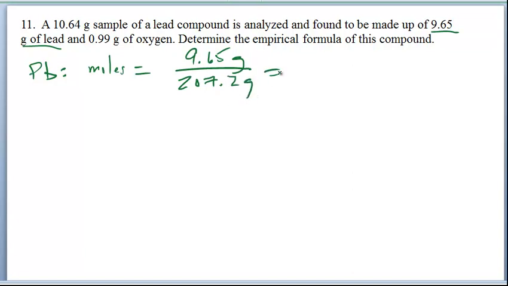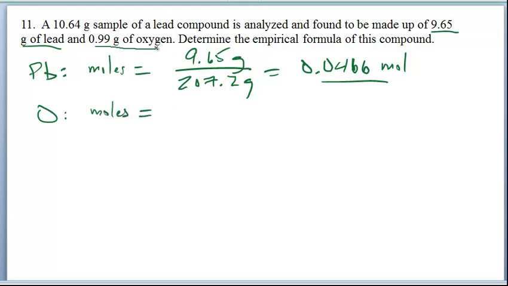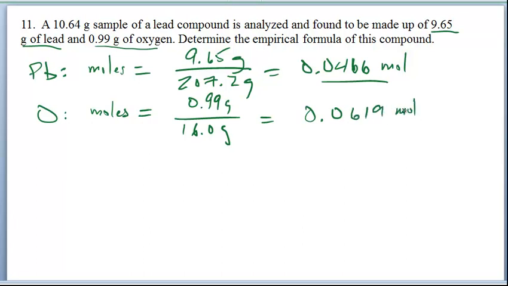And when you do that out, let me just double check, 9.65 divided by 207.2, I get 0.0466 moles. Okay, now for oxygen, let's do the same thing. So the moles equals, this time you're going to use 0.99 grams divided by 16 grams. And when you do that out, you will get 0.0619 moles. And that's for oxygen.